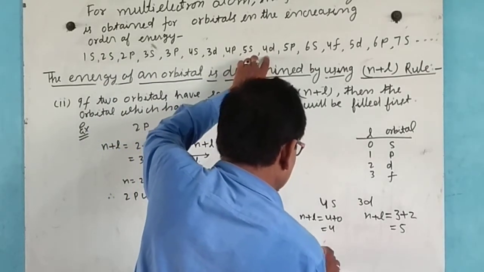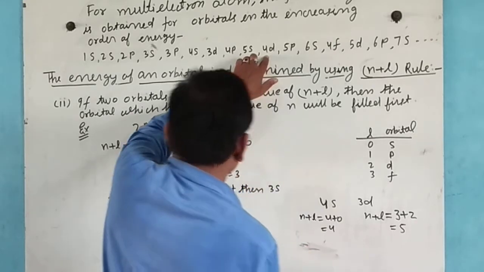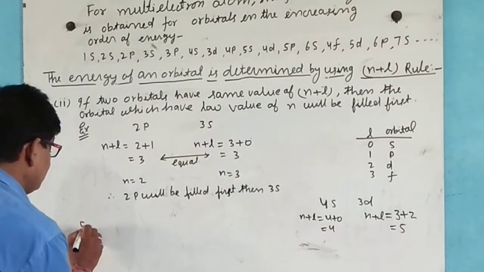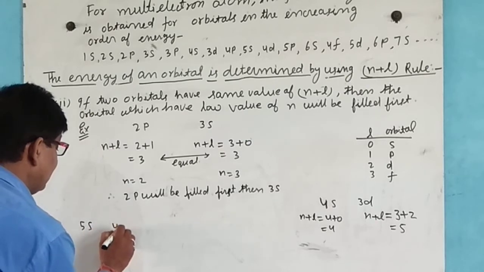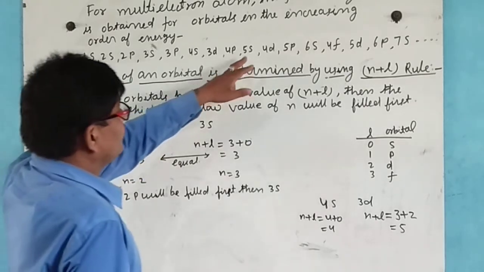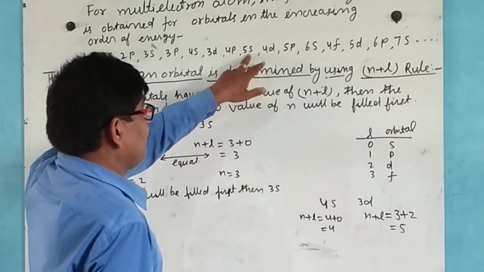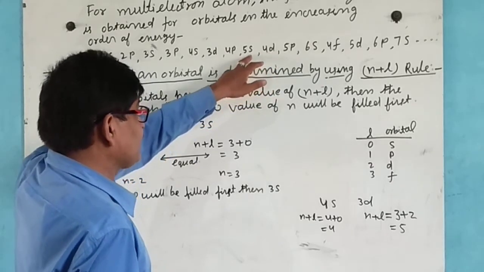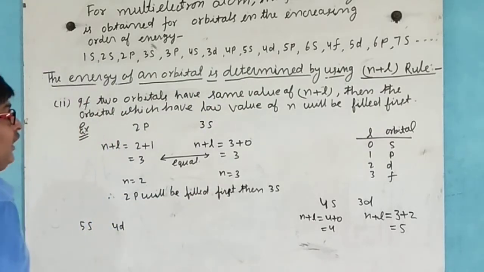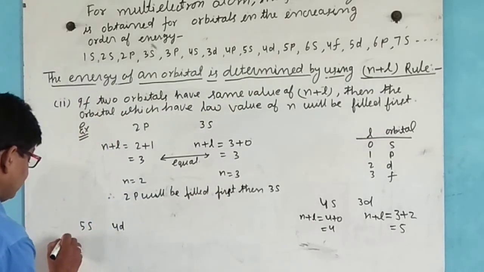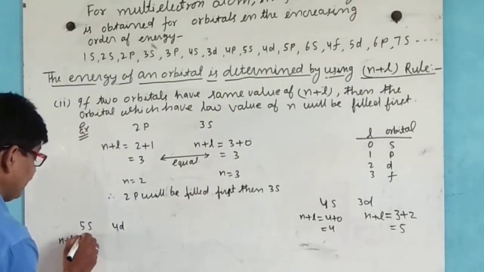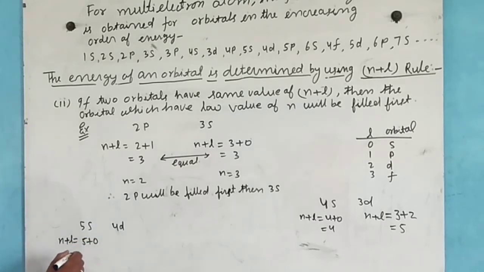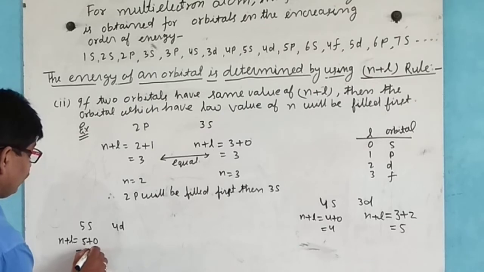The value of n plus l for 5s is 5 plus 0, since l is 0 for s, which is equal to 5.